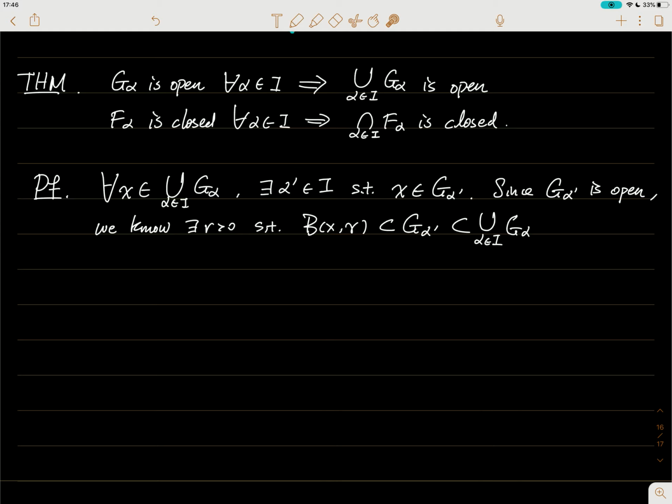So that means x is an interior point of this union, and because our x is arbitrary, every point is an interior point, and that means this set is open.